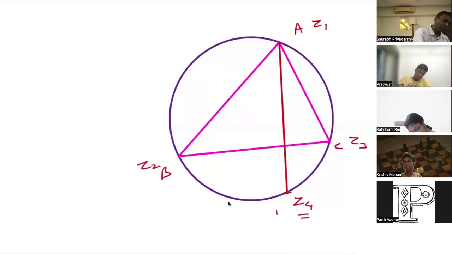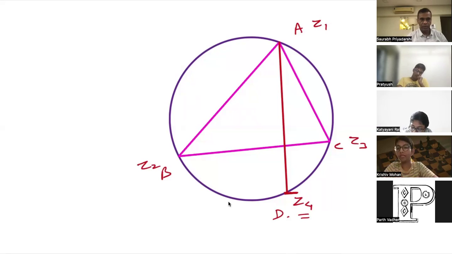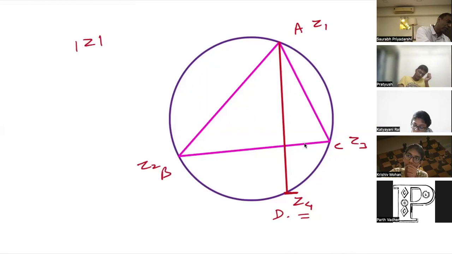Find Z4 and the reflection of Z4 with respect to line BC, for the triangle with mod Z is equal to R. Take your time. I've again given the second question.